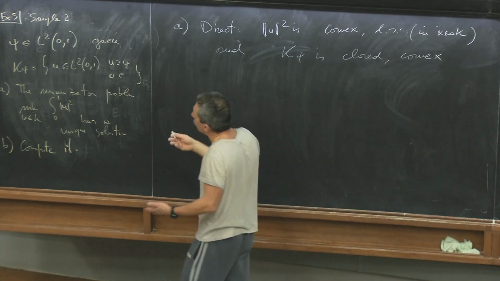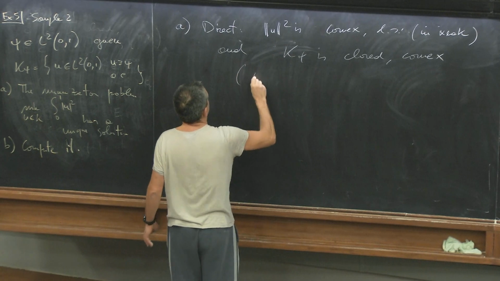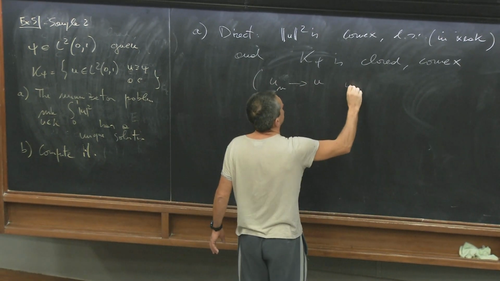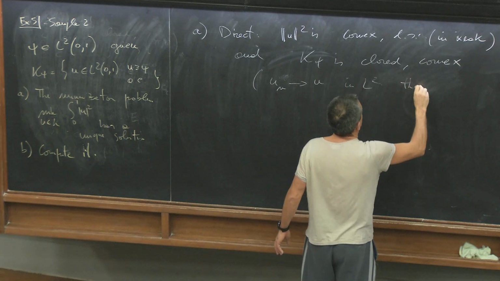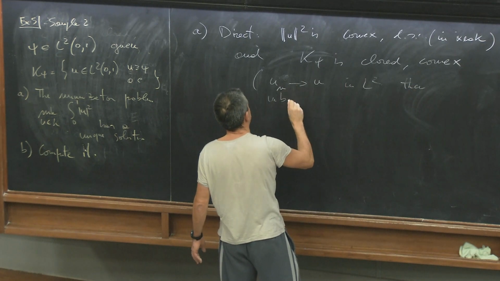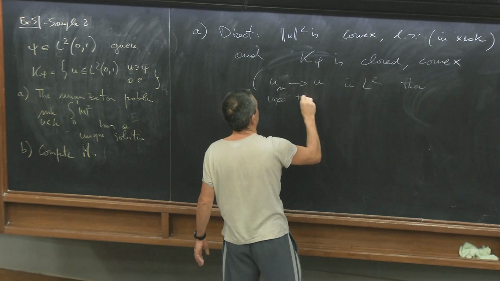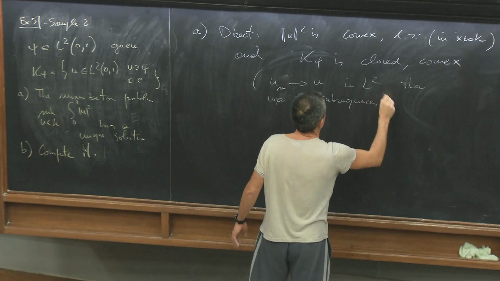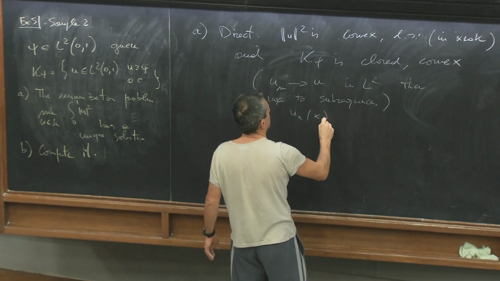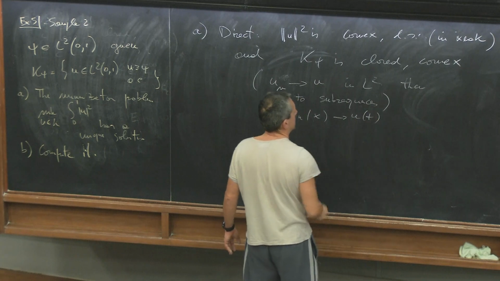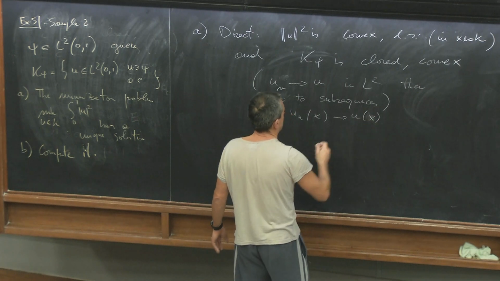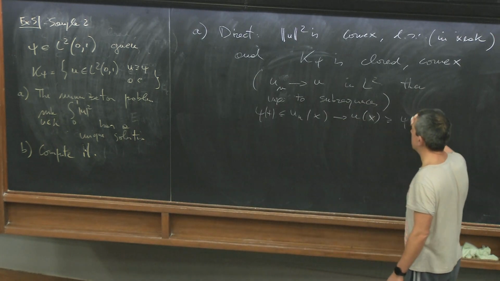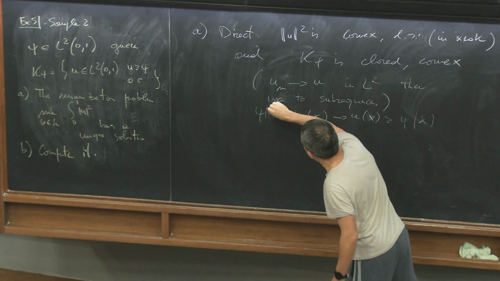Okay? It's closed because if you have a sequence, if u_n converges to u in L2, then up to subsequences, u_n(x) converges to u(x), and being this greater or equal than psi(x), we deduce that u(x) is greater or equal than psi(x).